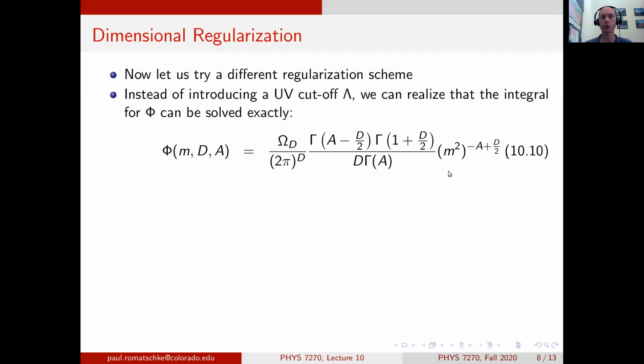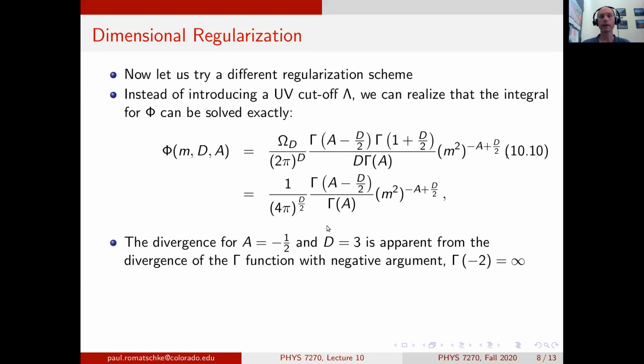It is given in terms of an expression that involves the gamma function that is evaluated at these various arguments. And we can further simplify this expression by plugging in the known result for the solid angle in d dimensions and just some basic formulas that the gamma function has to fulfill. So we are left with the expression shown in the second line of equation 10.10.